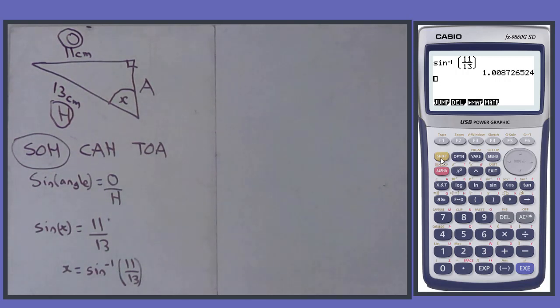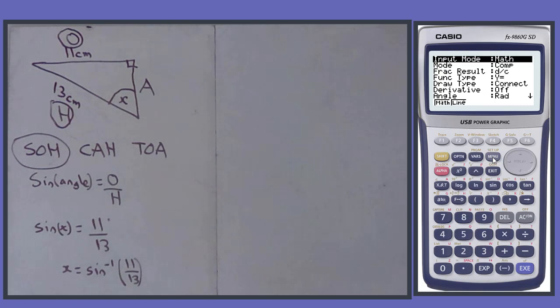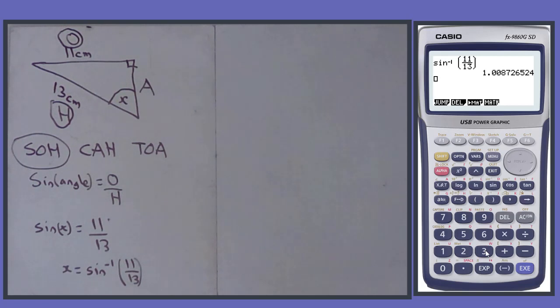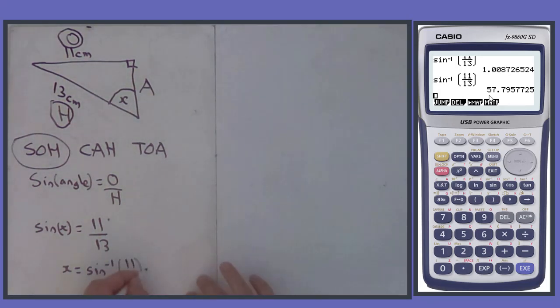So I need to go back, shift menu, and I need to realise that I'm in radian mode, which I probably should have realised before, but it is a good teaching point. And I need to change the radians to degrees, and then I go back, do the calculation again. So shift sine 11 over 13. And that looks a lot more likely, 57.8 degrees.